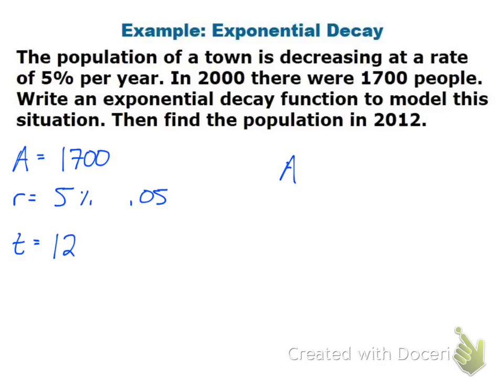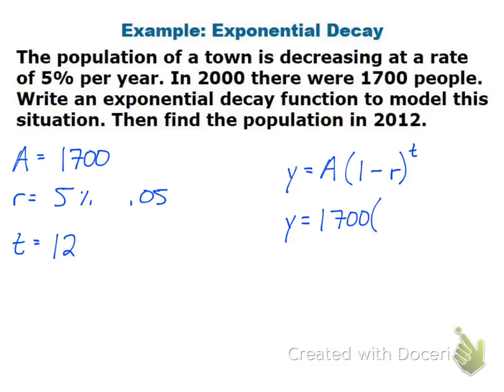When I'm doing exponential decay, so this is decreasing, I go y is equal to my starting amount, which is a, and then I multiply it by 1 minus my rate, and then time is my exponent. So I go y is equal to my starting amount, which is 1,700. In my parentheses, and just do this in your calculator, 1 minus 0.05.